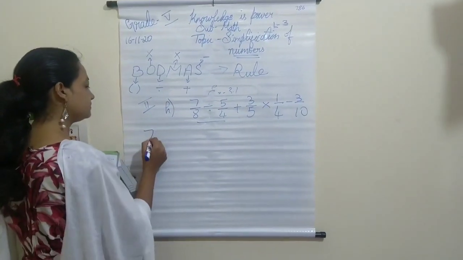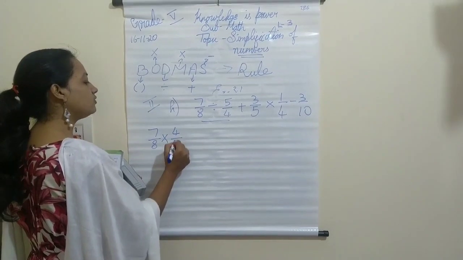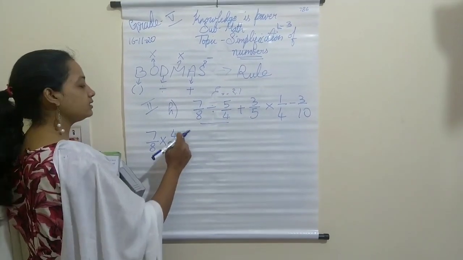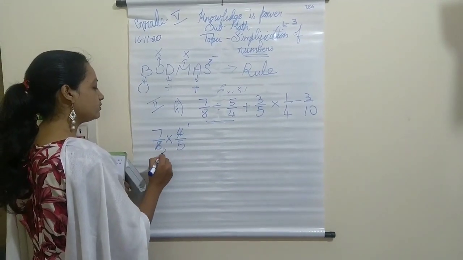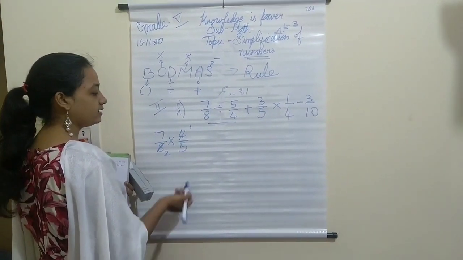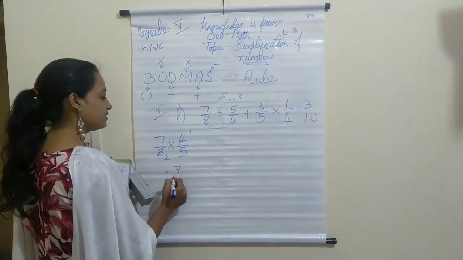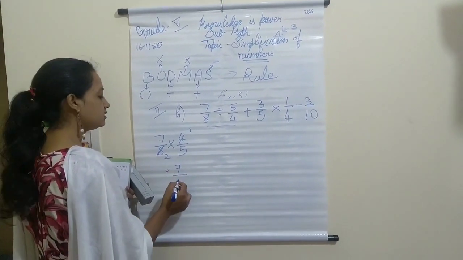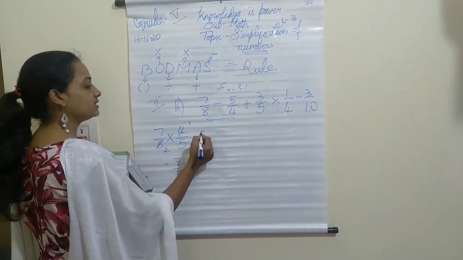Solve it here. 7 by 8 into the reciprocal of 5 by 4, which is 4 by 5. 4 1s are 4, 4 2s are 8. Now multiply the numbers. 7 1s are 7. 5 2s are 10. This is the answer I got after solving this.